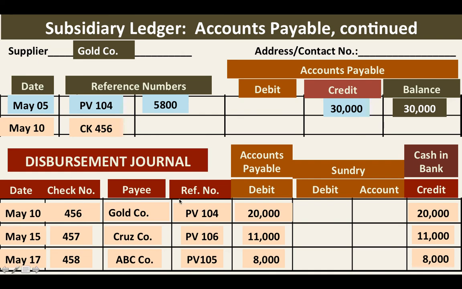And then here, there's another reference. It means that binabayaran ng check itong payable voucher 104. Okay. So here we have a debit of 20,000. In this case, there is still a balance of 10,000. So makikita mo dito, hindi binayaran in full si 30,000.